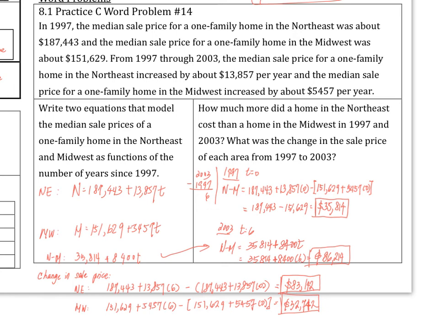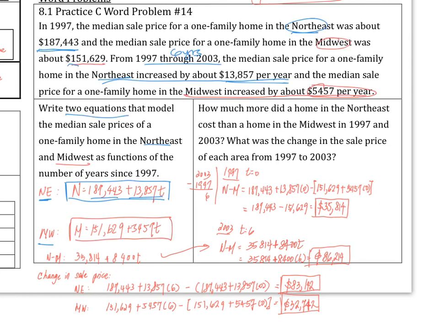And then for the Midwest, the setup would be $151,629 added to $5,457 times t. So now we have two functions. And the second question here asks: how much more did a home in the Northeast cost than a home in the Midwest in 1997 and in 2003?